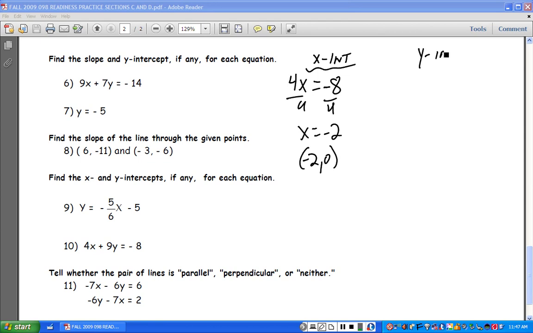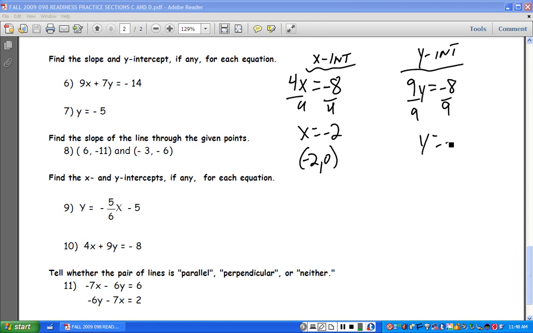Y-intercept now. Alright, looking back at our equation, y-intercept, we're going to make x 0. So if this x over here is 0, 0 times 4 would give me a 0. So now that 4x is disappearing. So all I'm going to be left with is this 9y equals a negative 8. Divide both sides by 9.